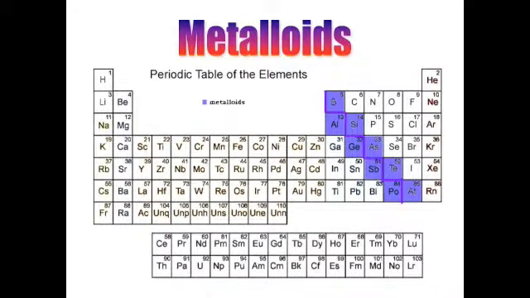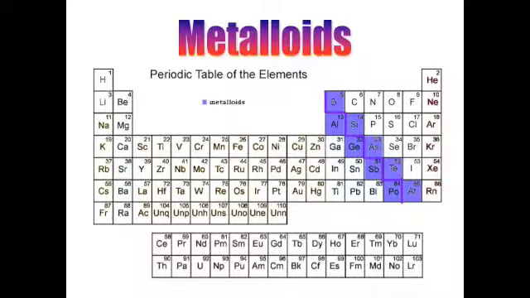Alright, moving on to the next slide, you'll see the metalloids highlighted in a nice purpley color. The metalloids are kind of what they sound like. They're not really quite metals, they're not really nonmetals, they're right along that line that divides the metals and the nonmetals. And that metal-nonmetal line should be found on your periodic table in a slightly different shade of purple.